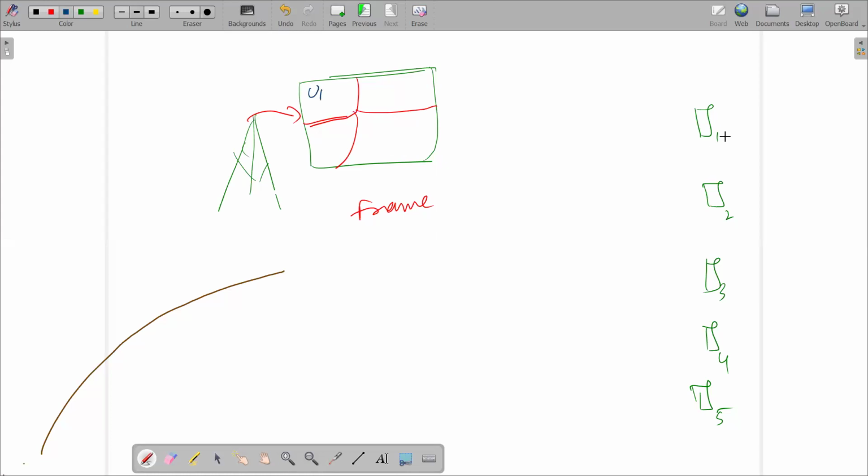Usually these users will be assigned codes: code one, code two, code three, code four, code five. Now, whenever my base station wants to transmit data to user one in this area, the data will be convolved with code one.